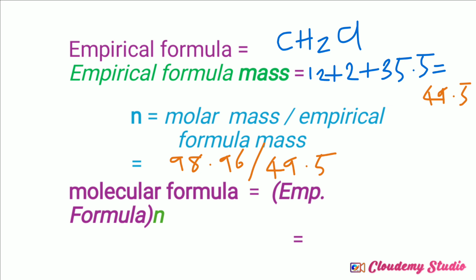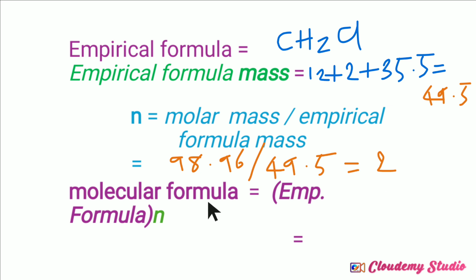On simplification, the result will be very close to 2. The exact value is 1.99, which rounded to the nearest whole number gives 2.